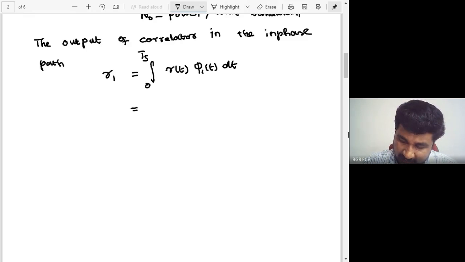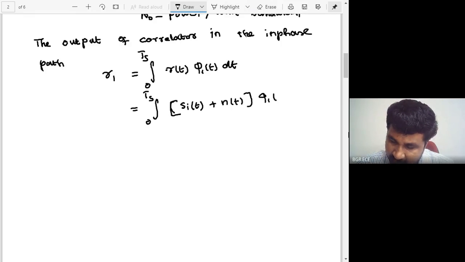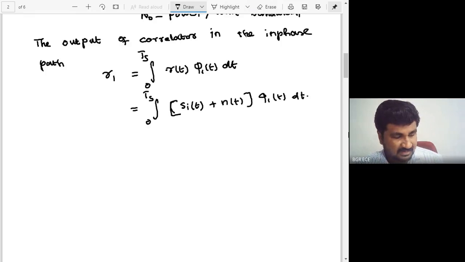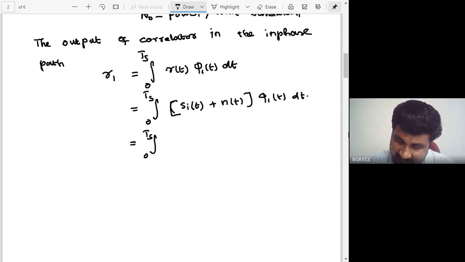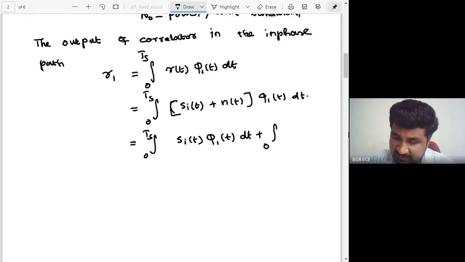We know that r(t) is equal to si(t) plus n(t). Hence it can be written as the integral over 0 to Ts of si(t) phi 1(t) dt plus the integral over 0 to Ts of n(t) into phi 1(t) dt.